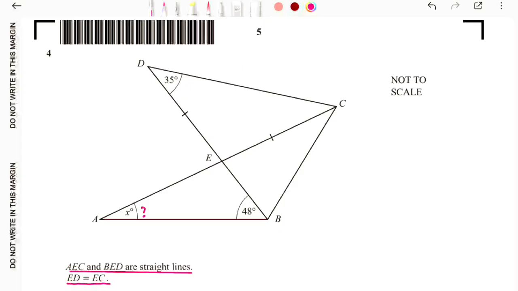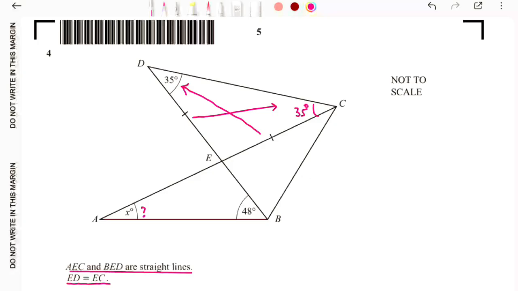One angle in front of the indicated side is 35, that is shown over here, and what would be the other angle in front of the indicated side? That would also be 35, as this is an isosceles triangle.